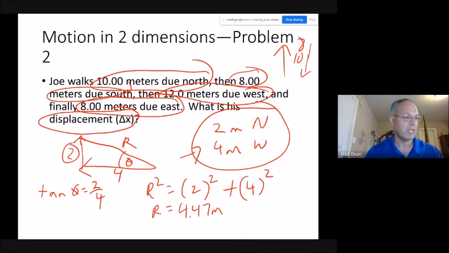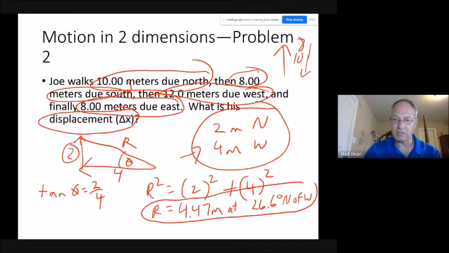And we're going to take the inverse tangent, shift tangent on our calculator, and we're going to end up with 26.6 degrees. And in this case, that would be north of west. So that is our complete answer to problem 2. We've got our magnitude of 4.47 meters and our direction of 26.6 degrees north of west.